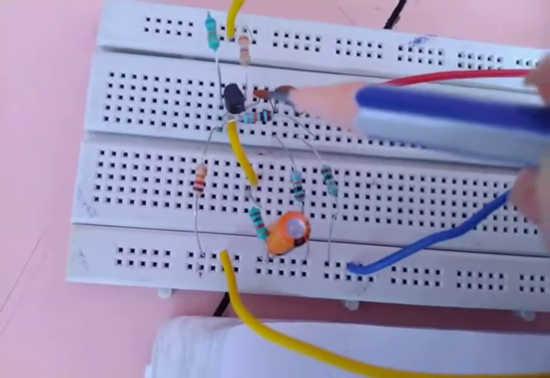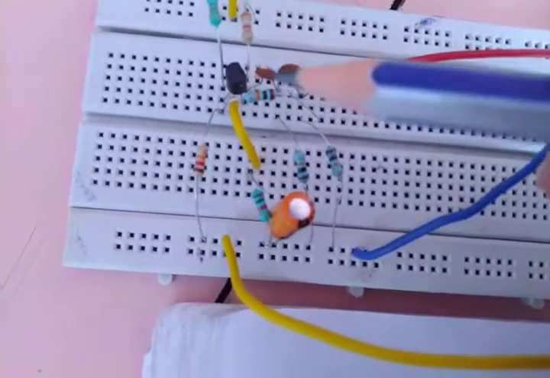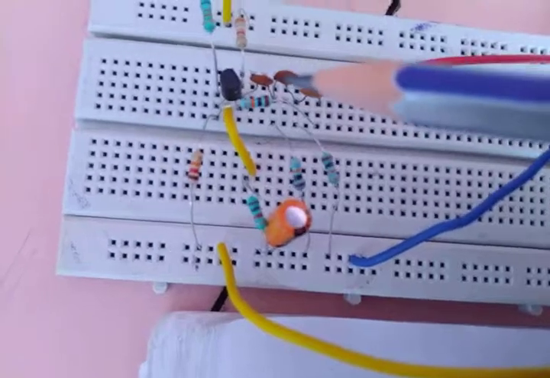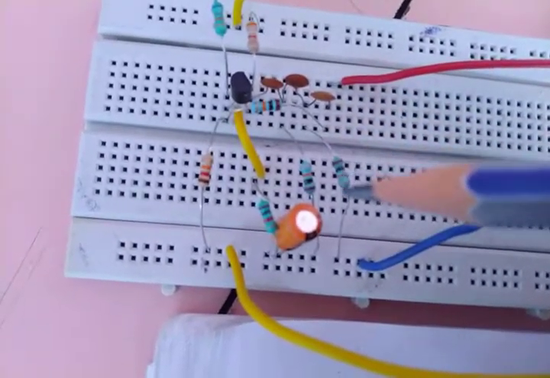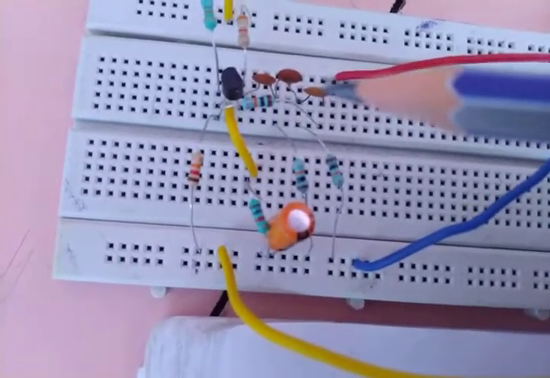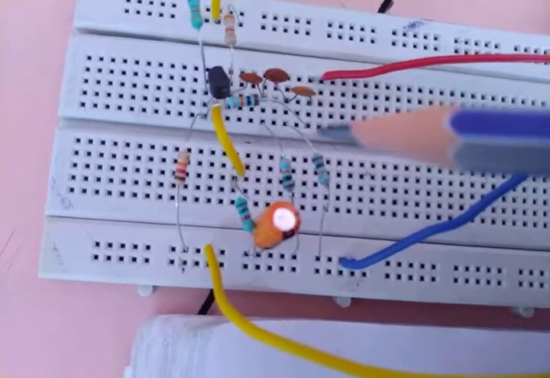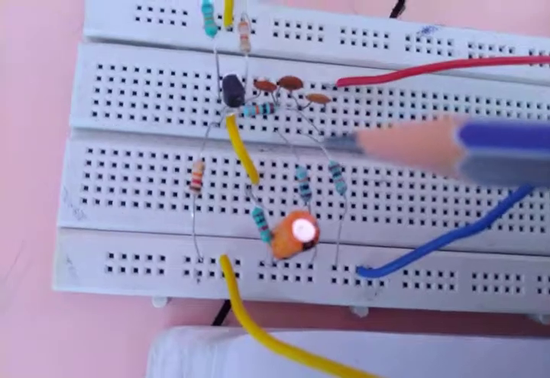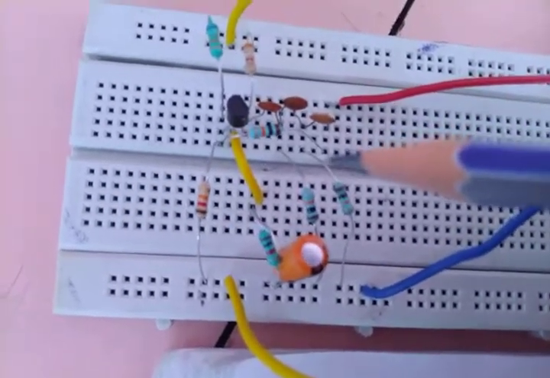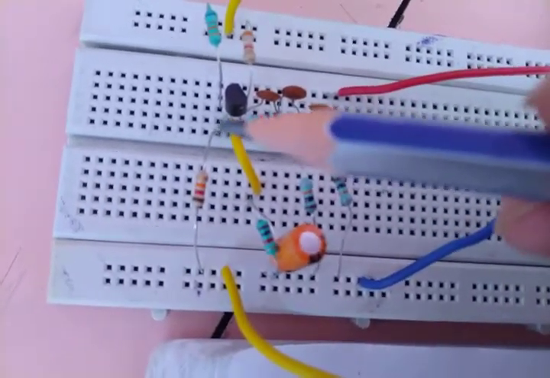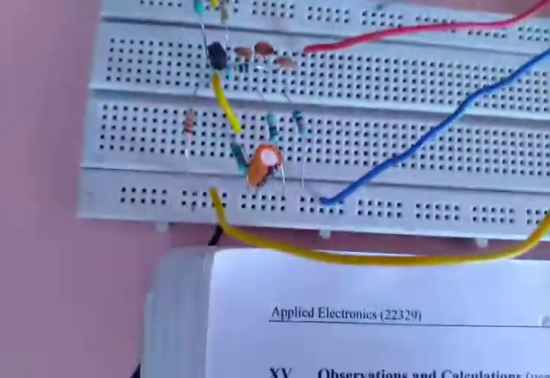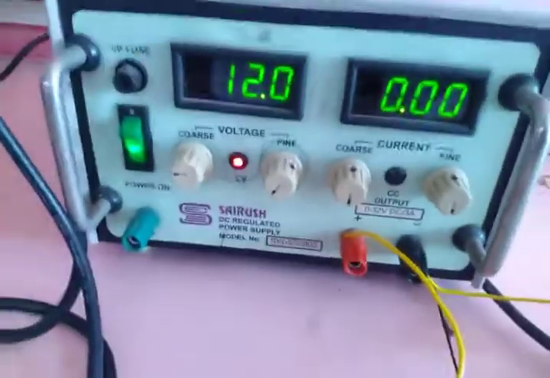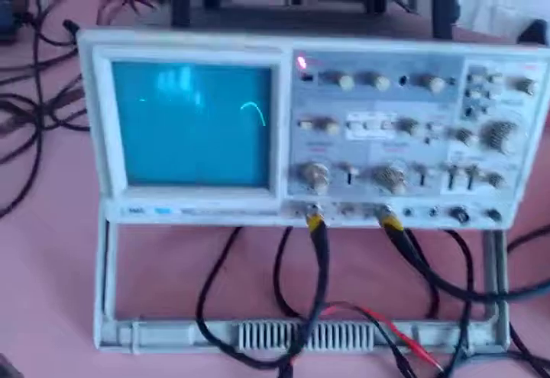Then here we have the 3 RC network: first capacitor, then resistor, second capacitor, then resistor 2, and third capacitor, and the third resistor is connected back to the base of the transistor. So I have connected this third resistor to the base of the transistor here, and VCC provided is 12 volt, and here is the output.